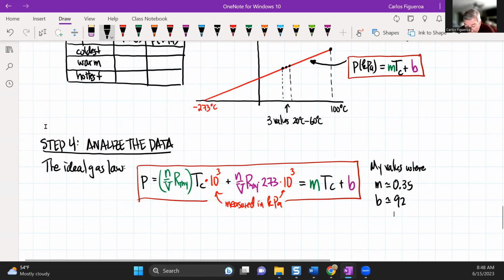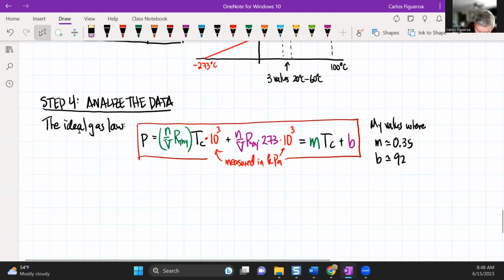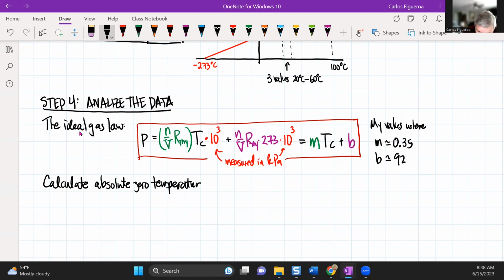So now calculate these things. The first thing you want to calculate is the absolute zero temperature value. Look what I'm going to do.